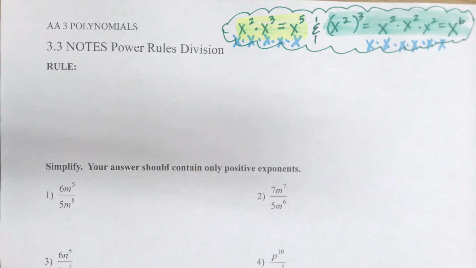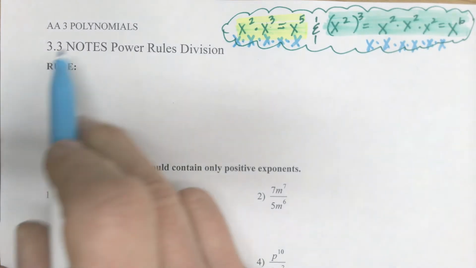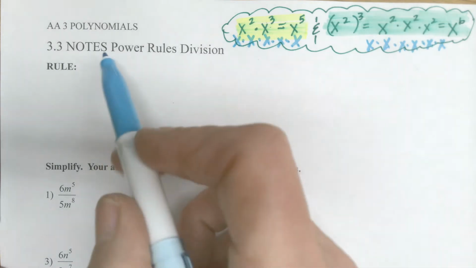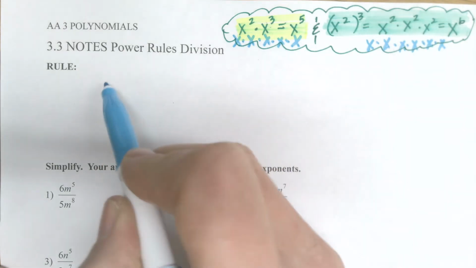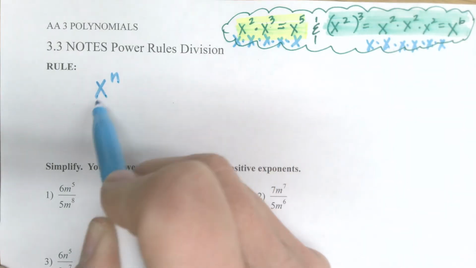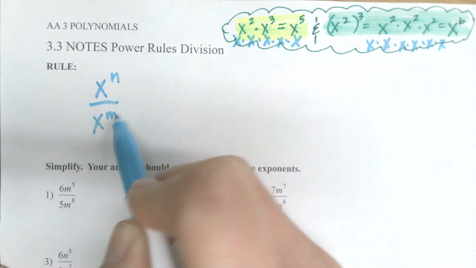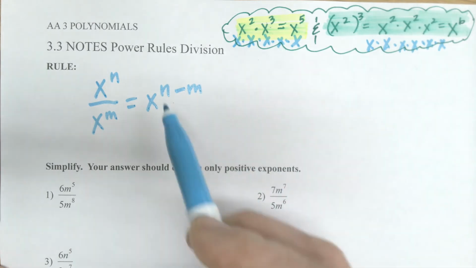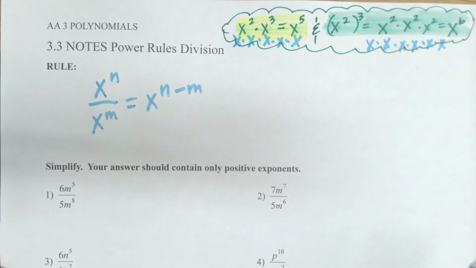Well, we're getting into division now, and when we divide, maybe you caught this on the other video, or on the video that you were working on Friday, you actually end up subtracting. So x to the n over x to the m is equal to x to the n minus m. Well, that's not that effective of a rule until you sort of see it in action.